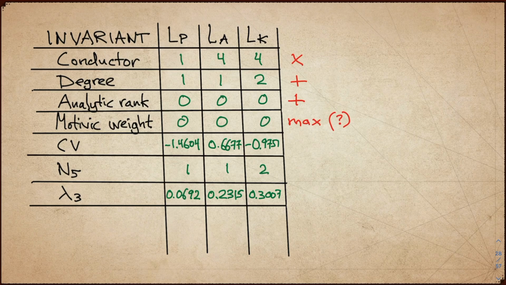For the CV, let's see, it's not an addition, although it is quite close. It is a multiplication. For N5, addition, and for lambda 3, this is addition.